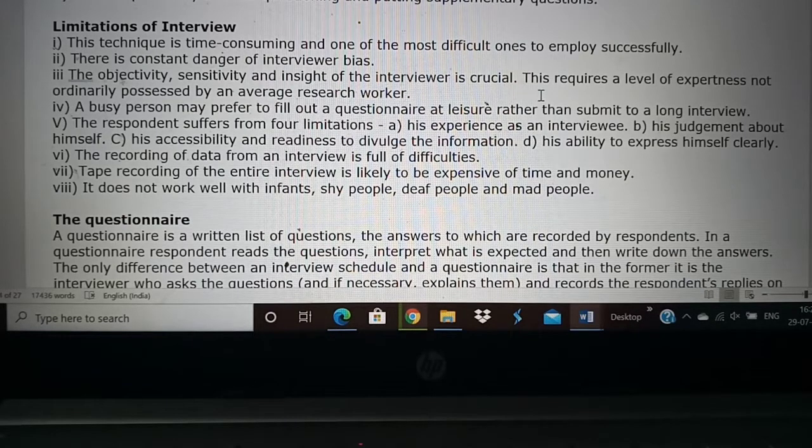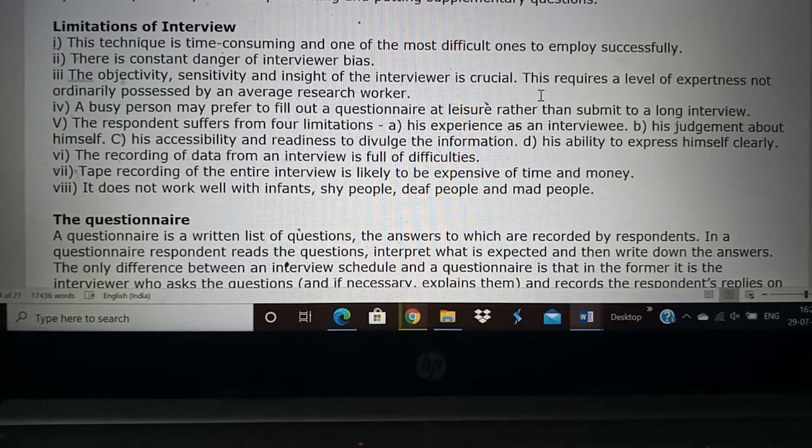The other thing is, when you interview, you can have bias. It is not very objective, because it is how you understand the answer given by the subject, how you take it. So you can have your own interpretation of the views given by the subject. So there is a chance of interviewer bias. That is why the objectivity, sensitivity, and insight of the interviewer are very important, and that will come only with experience.